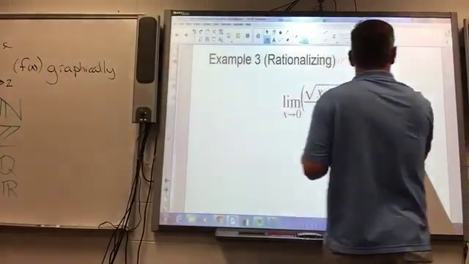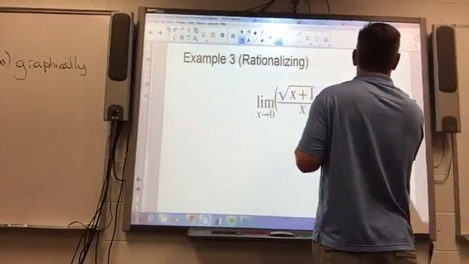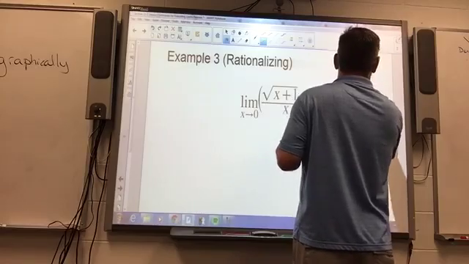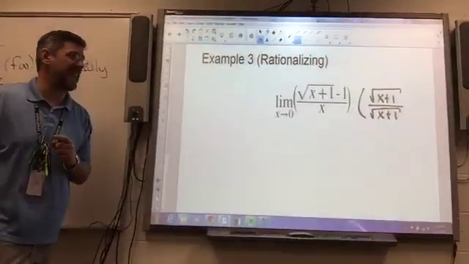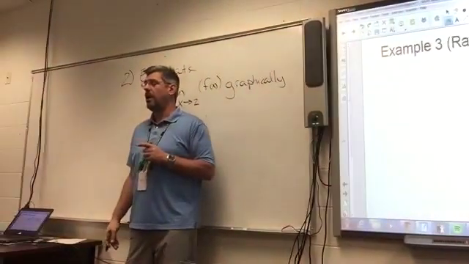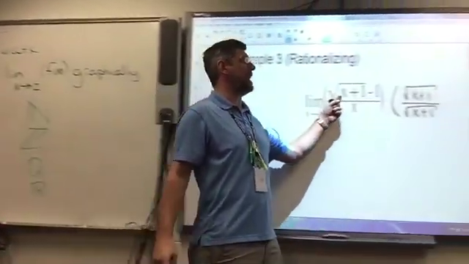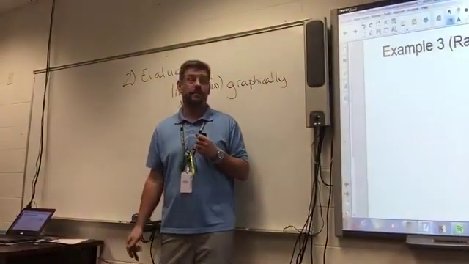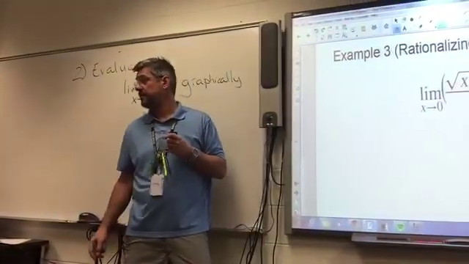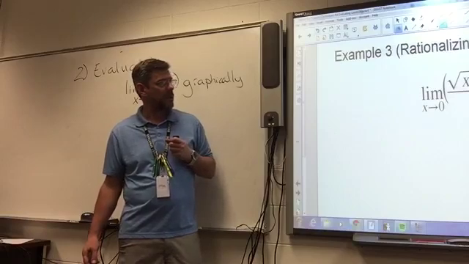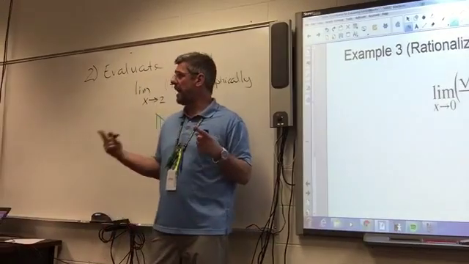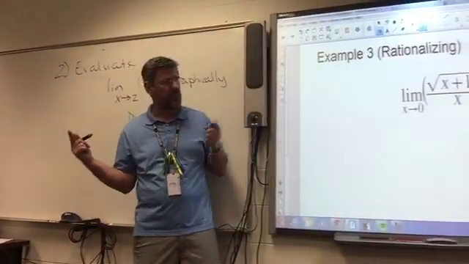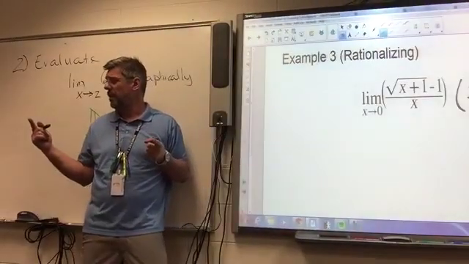I heard out there that I should multiply by that. If I multiply my numerator by square root of x plus 1, what do I get? Well, when I rationalize something, I want to get rid of the square root, right? So let's look at the numerator.